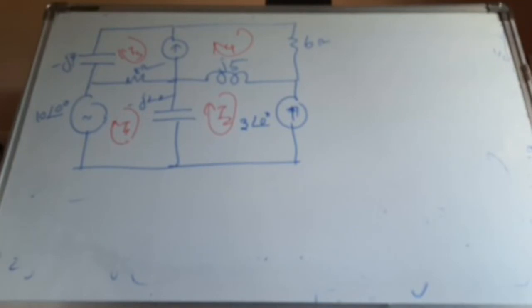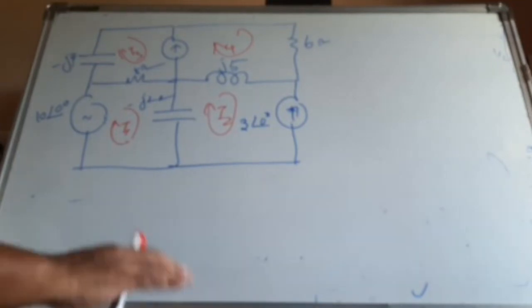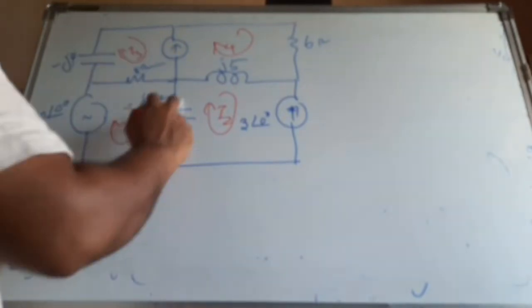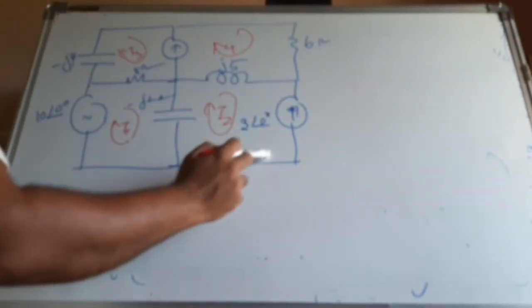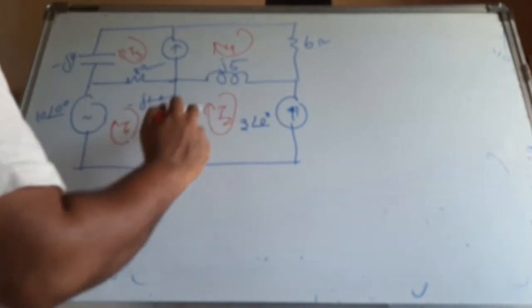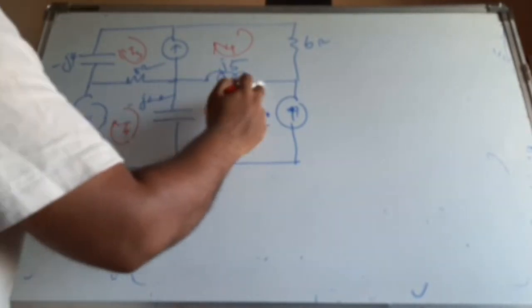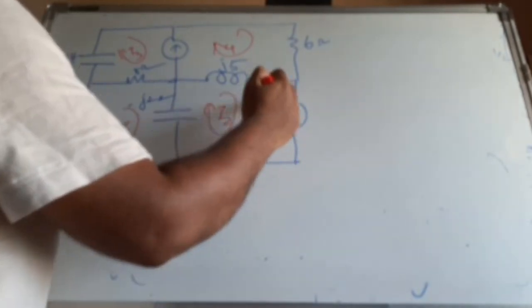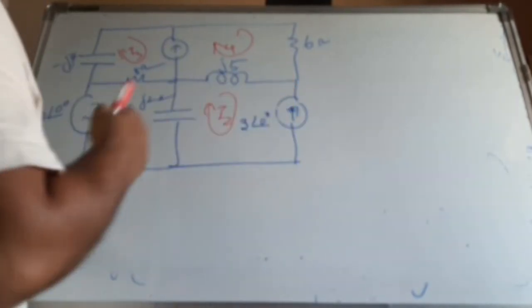Now coming to this. What about I2? I2 here flows through this. What about the current flowing through this one? This is I1 minus I2. This is I2 minus I4. What about the current flowing through this? This is I2 from this loop.